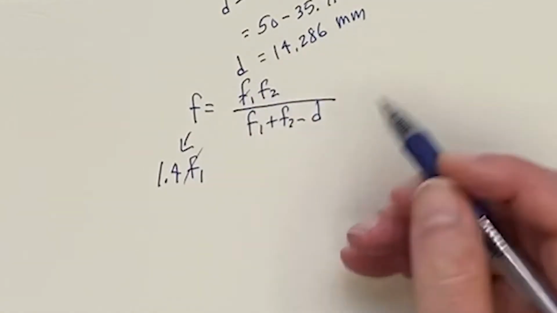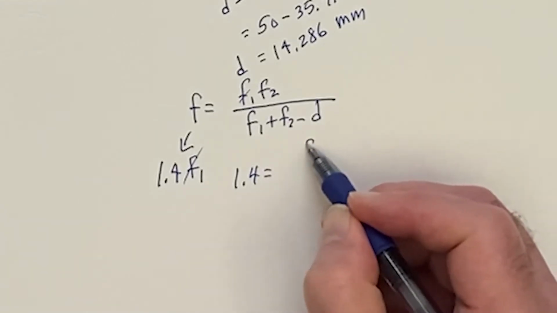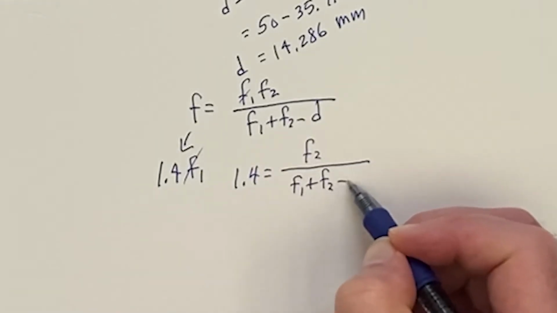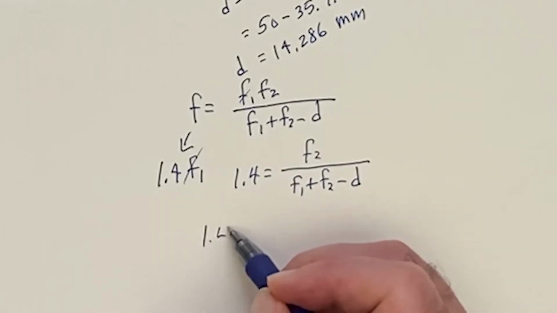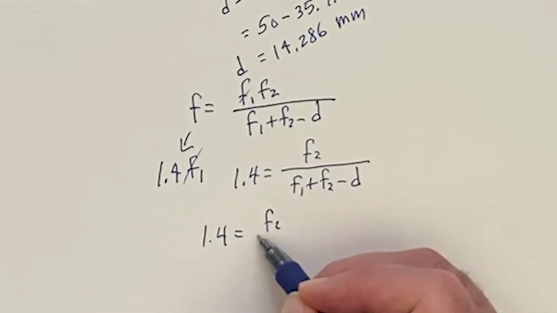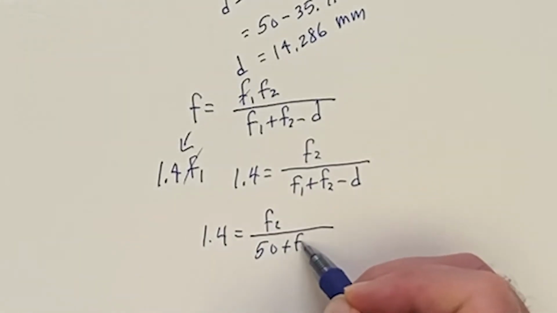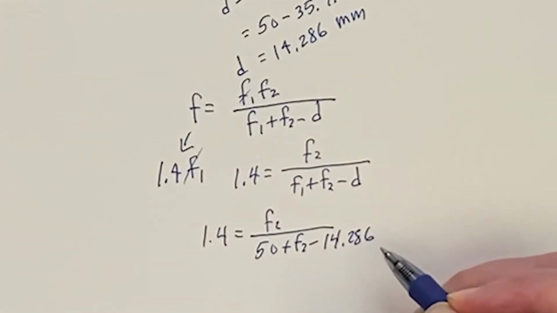See, then these things go. And then we have the formula 1.4 is F2 over F1 plus F2 minus D. And this is going to be then 1.4 is F2 over 50 plus F2 minus the 14.286.